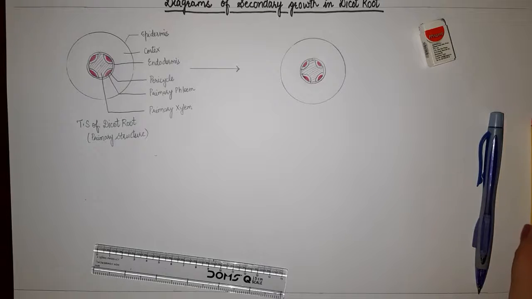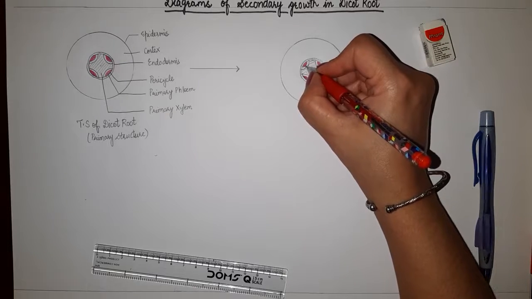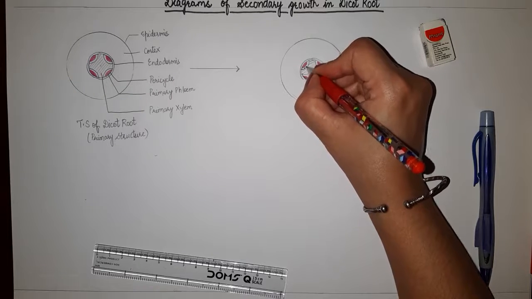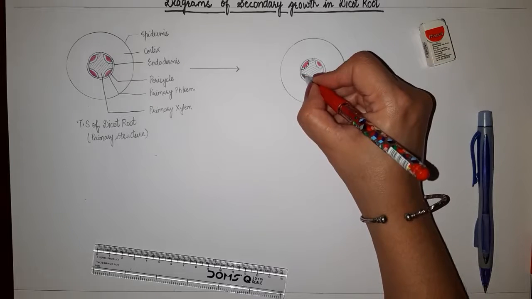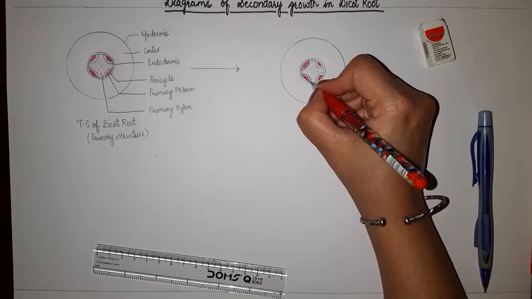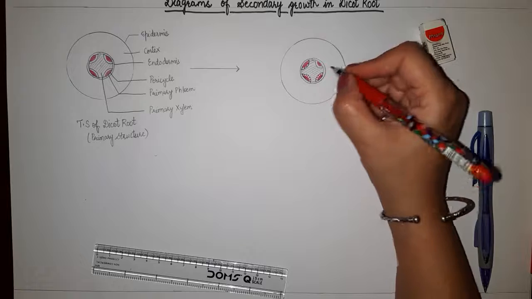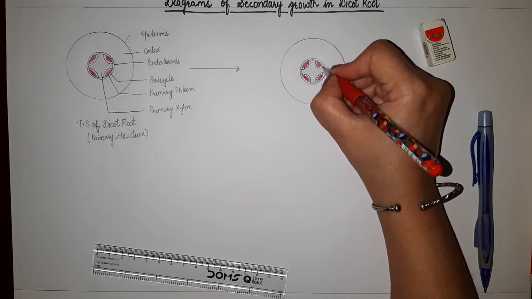Now in order to show those patches, I am using red color. So this region which is in between phloem and xylem will serve as the cells which dedifferentiate to give rise to as many strips of cambia as there are phloem patches.